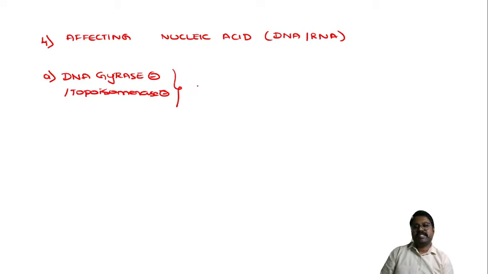Basically this enzyme is responsible for introduction of negative coiling into the DNA strands following the positive supercoiling. This DNA gyrase enzyme will introduce the negative coiling by causing a nick, and subsequently there will be sealing of the double-stranded DNA.